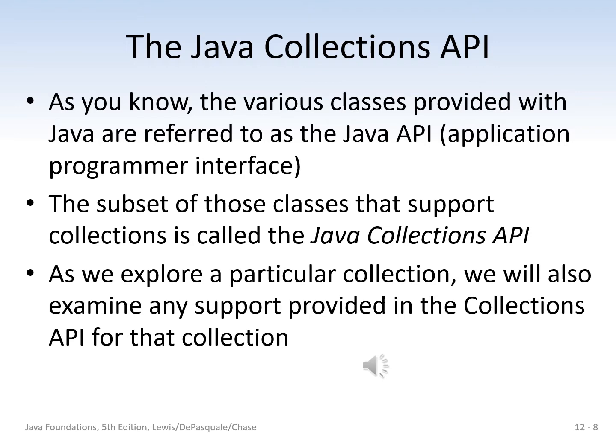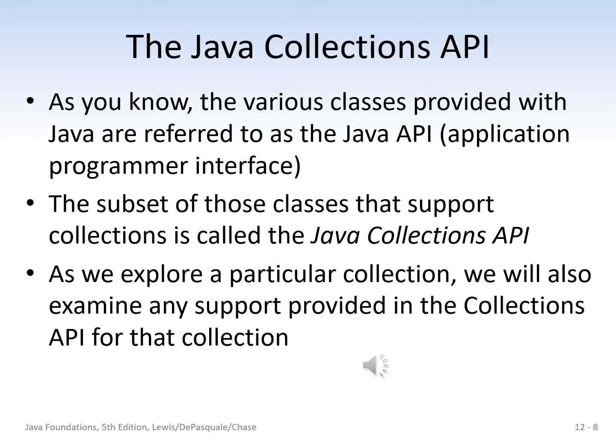We've already discussed that the classes provided with Java are in the Java API, the Application Program Interface. However, there's a subset of those classes that supports collections, and that's called the Java Collections API.